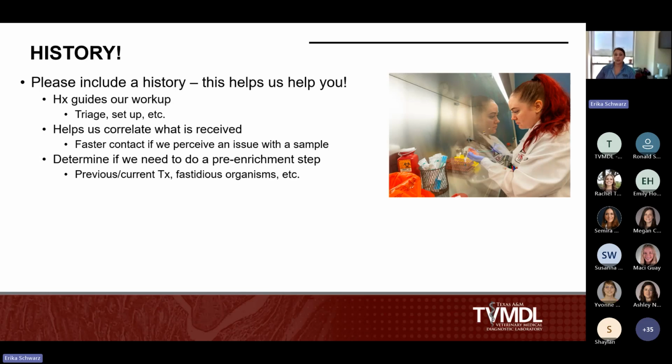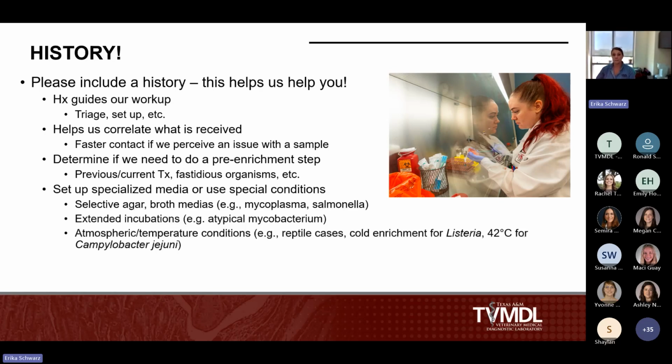So we don't do this in all cases, but if we have previous or current antibiotic treatment, if we're looking for a fastidious organism, if we know this is a sterile site that we've collected that might need some sort of pre-enrichment step, we'll go ahead and do that at the front end of the culture rather than delaying things towards the back end.